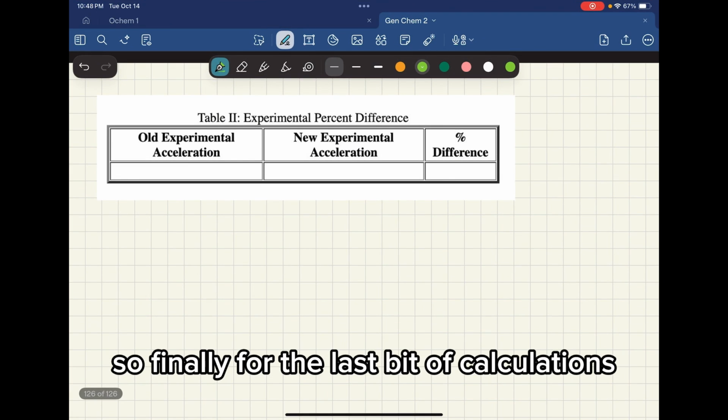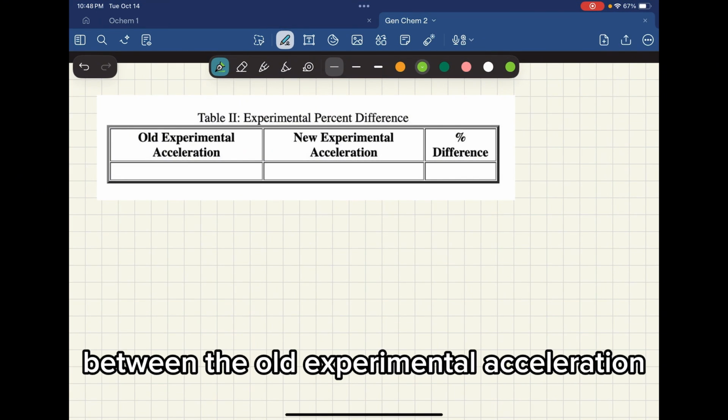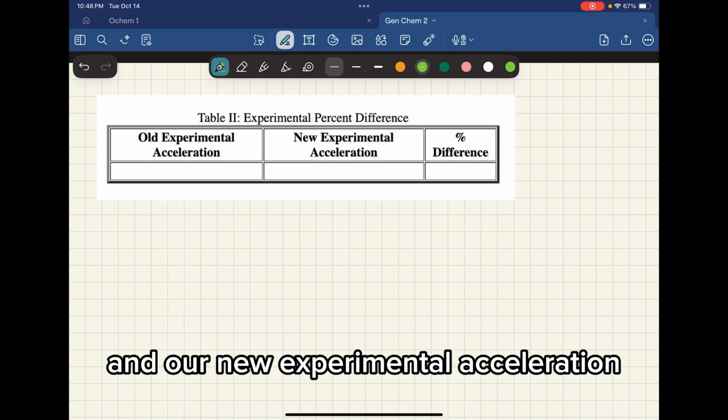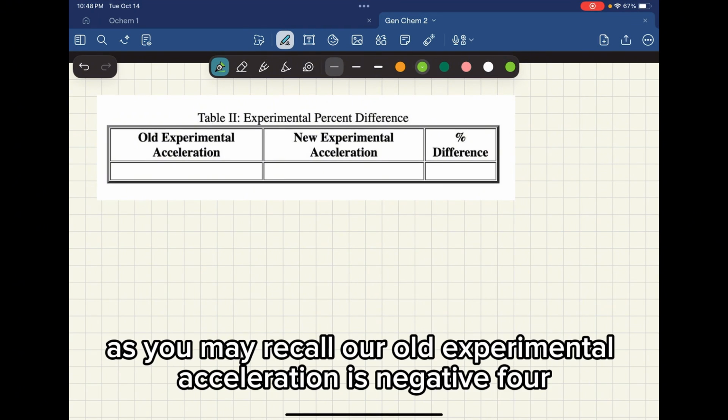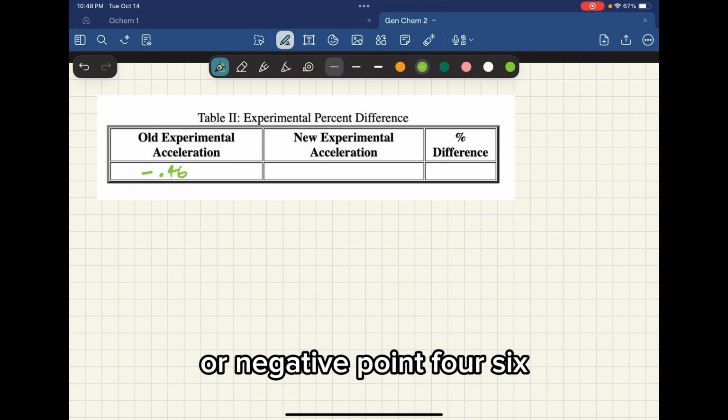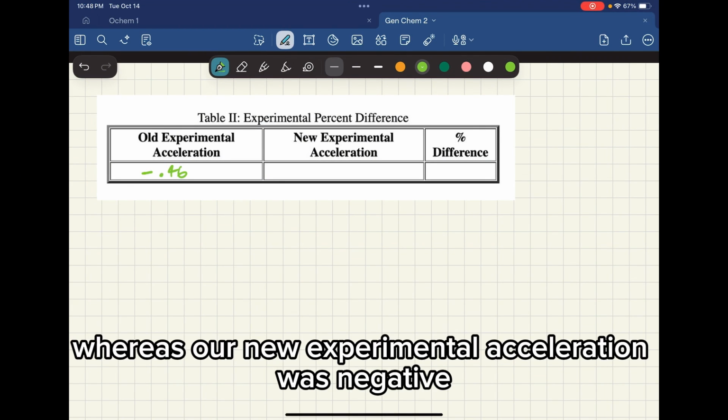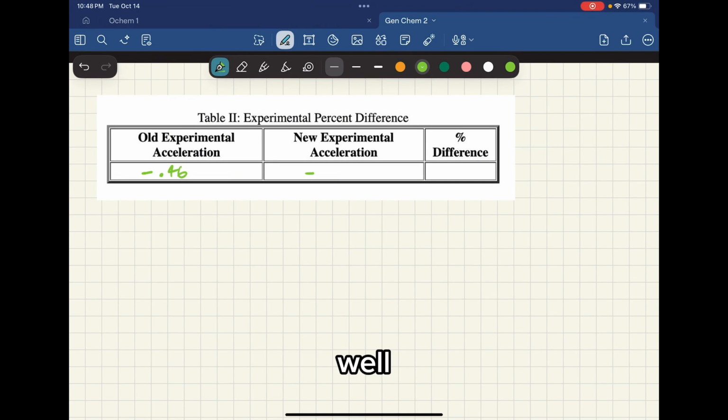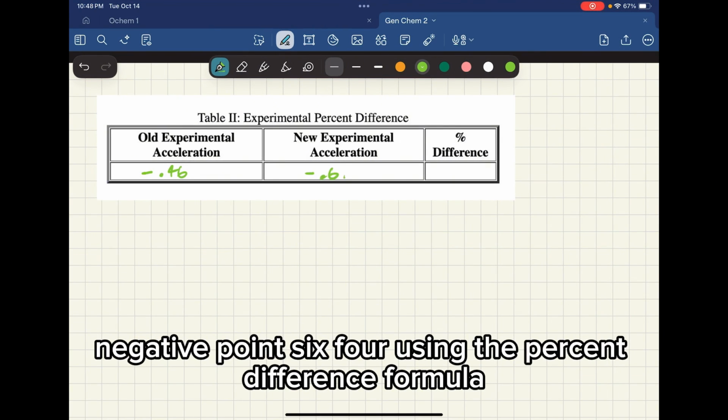So finally, for the last bit of calculations, we're asked to find the percent difference between the old experimental acceleration and our new experimental acceleration. As you may recall, our old experimental acceleration is negative 0.46, whereas our new experimental acceleration was negative 0.64.